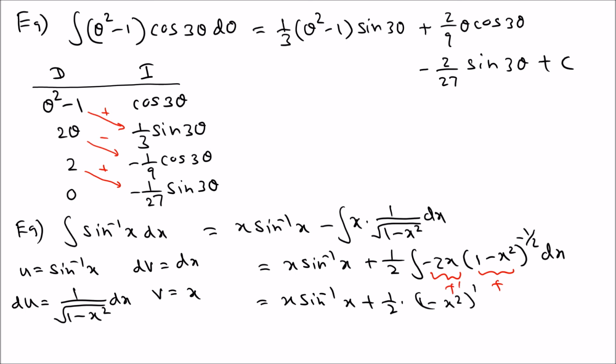You add 1 divided by that plus c. You can see 1/2 get cancelled. So you finally get x sine inverse x plus square root of 1 minus x squared plus c. So you can see the simplification goes very well in this case.